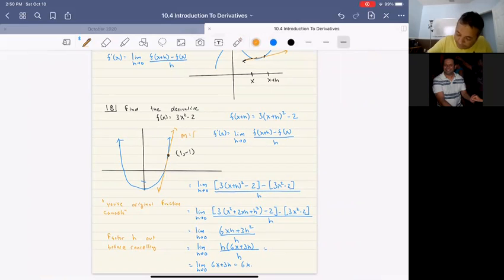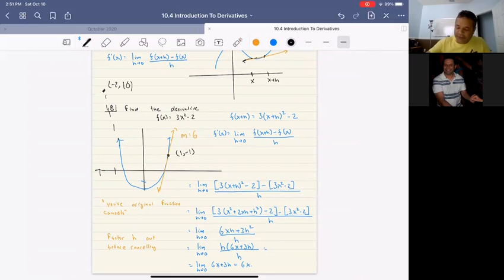Okay, let's say I'm over here, let's say x equals negative 2. So say I'm way up here, negative 2 comma, 3 times 4 is 12, minus 2 is 10.